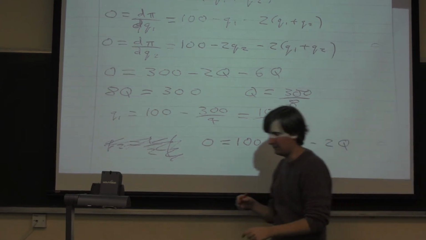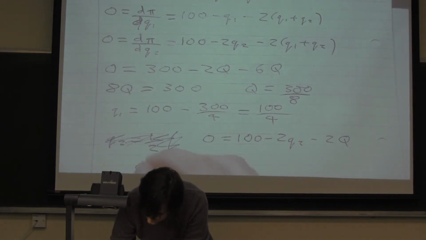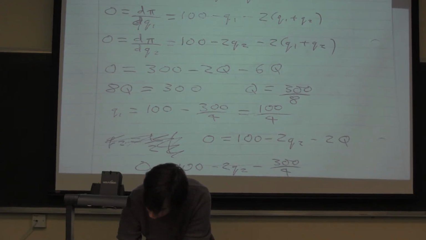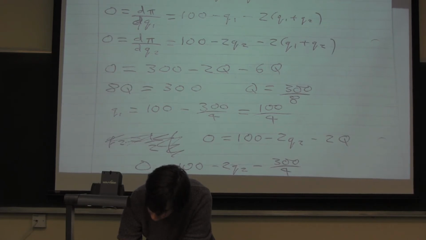We know it's 300 over 8. So just plugging in that value, we know that naught is 100 minus 2Q2 minus 300 over 4. So 2Q2 is equal to 100 minus 300 over 4, which is equal to 100 over 4. So Q2 is equal to 100 over 8.